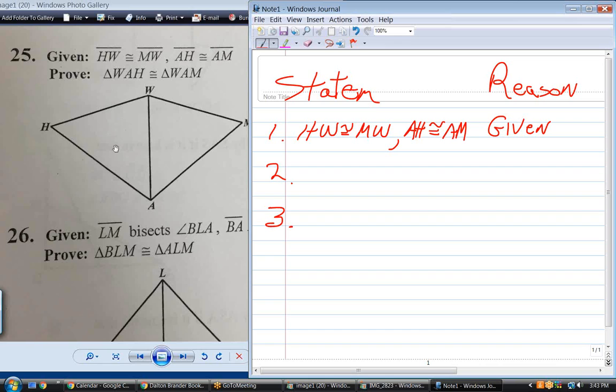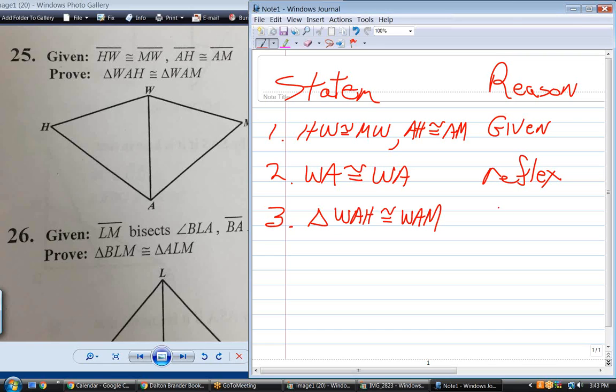We're trying to prove this triangle is congruent to that triangle. You can say WA is congruent to WA. And that's reflexive. These are pretty easy, actually. I expected something a little harder. What's the reason?